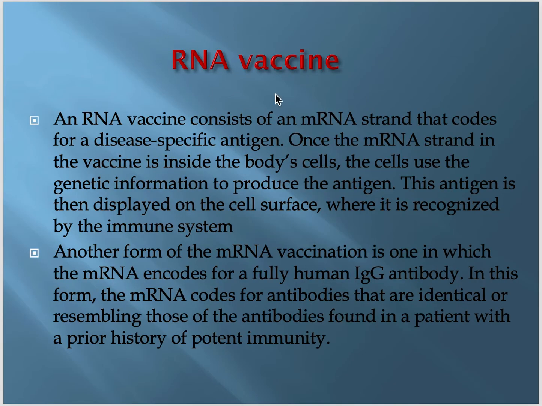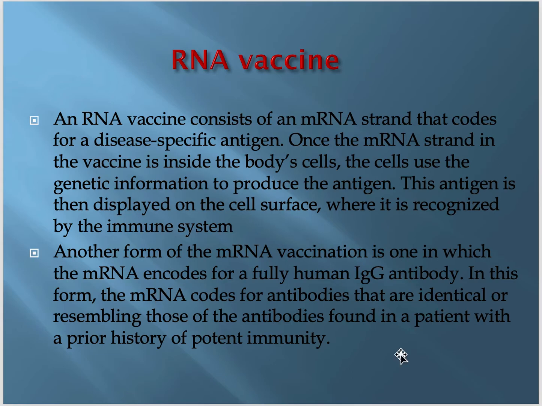So this is one strategy or mechanism of RNA vaccine. Actually, another form of RNA vaccine is also possible. In that form, the mRNA encodes for a fully human IgG antibody.